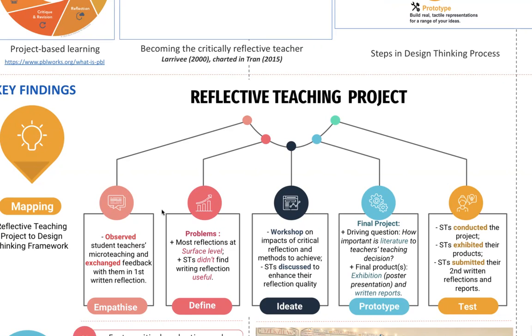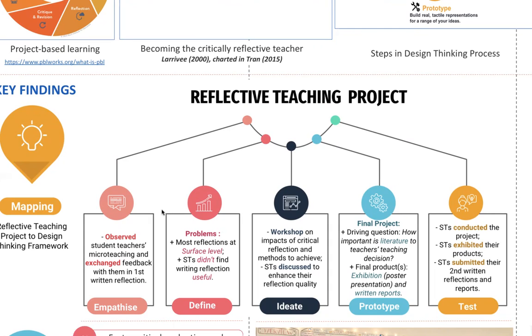So in order to come up with different ideas to solve this problem, first I organized a small workshop. This workshop focused on the impacts of critical reflection to the students themselves, as well as to the students themselves as teachers in the future.